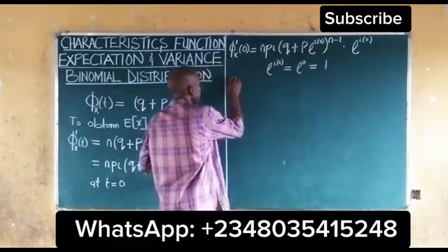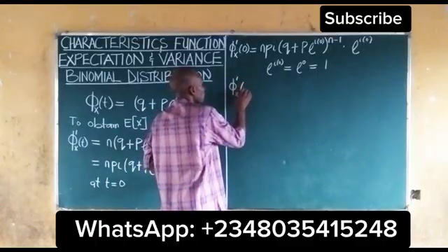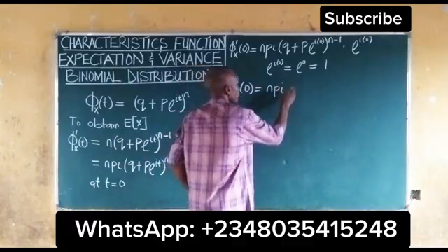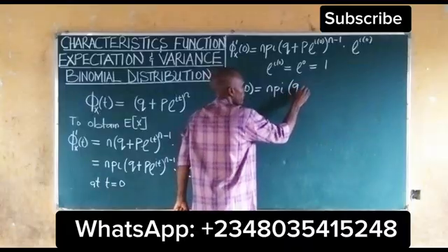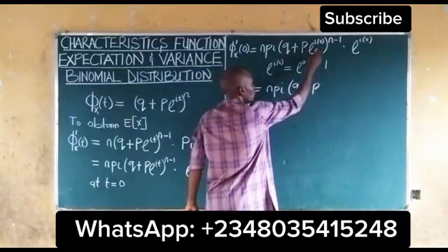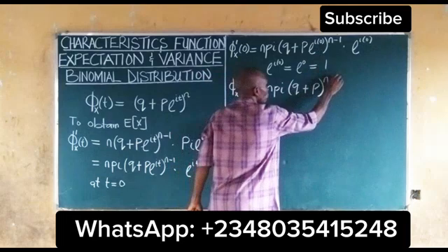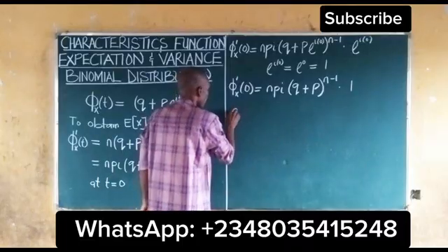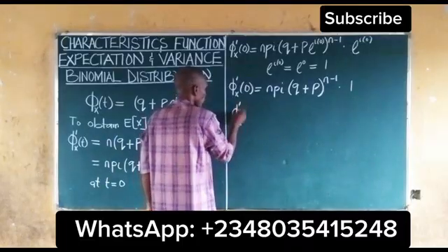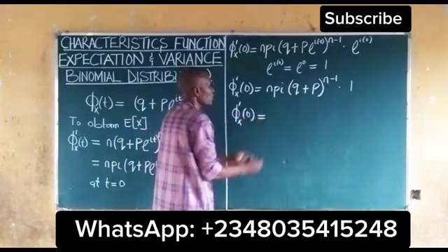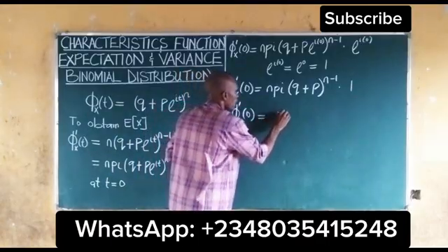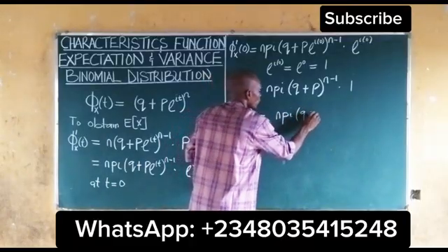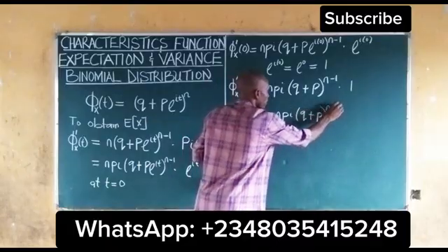So our first derivative of the characteristic function at t equal to 0 is n p i into (q + p) raised to the power of n minus 1, multiplied by 1.